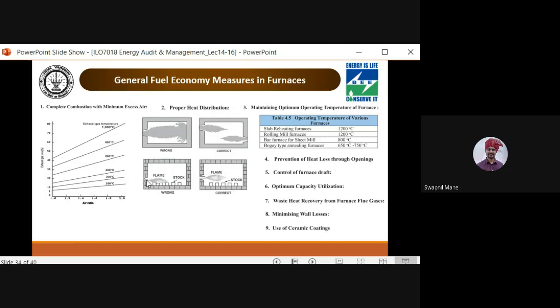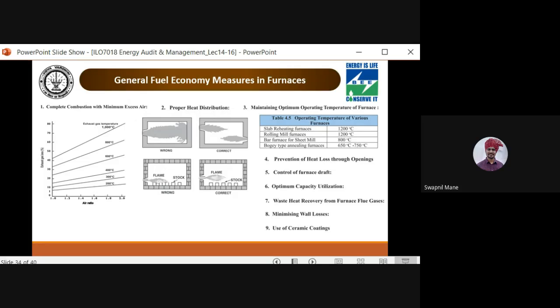The major losses from the furnace are the heat loss from the wall and the heat loss through the opening of the furnace, because when we put the stock through the opening, there will be losses through that opening. So one must think of overcoming these losses. Also, air infiltration is there, from cracks, doors, wind, or openings of the furnace.